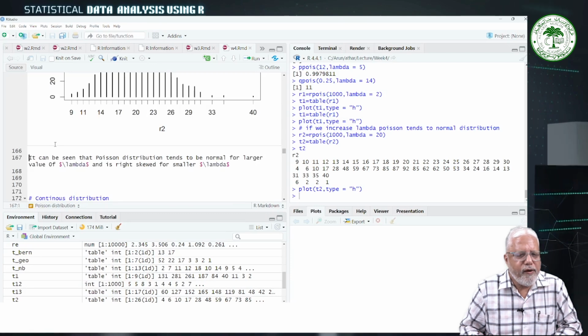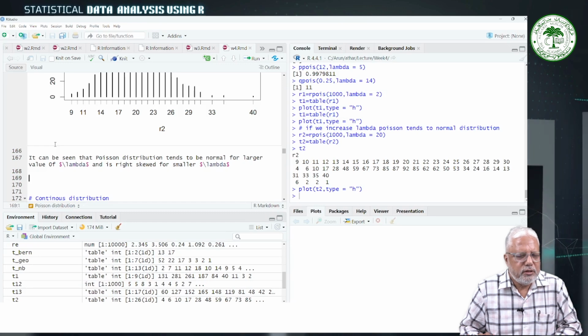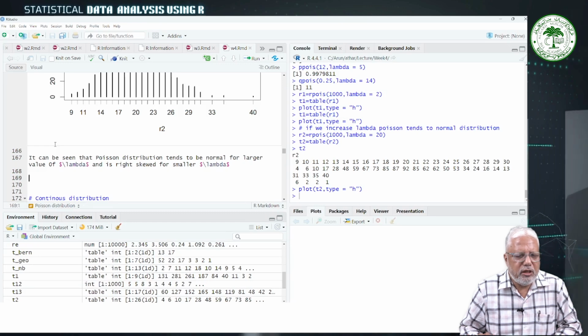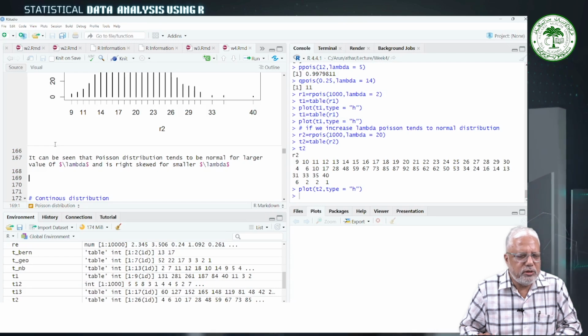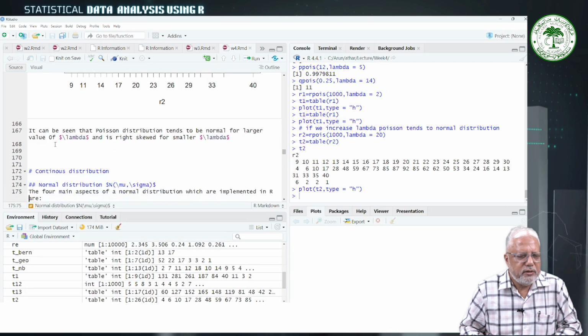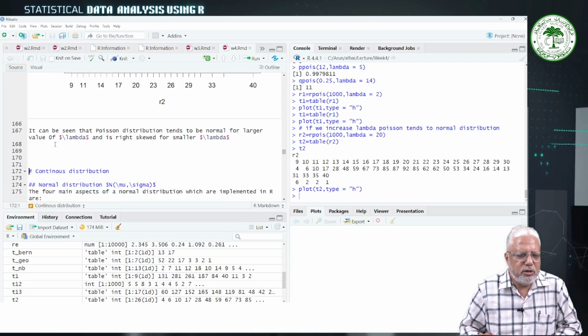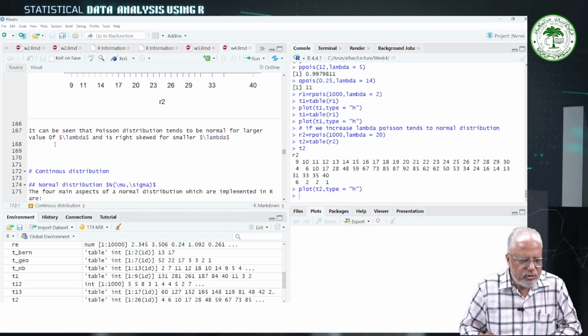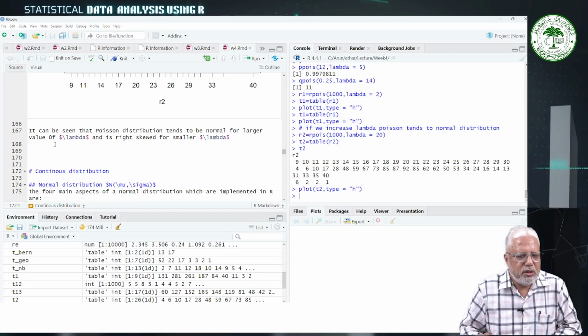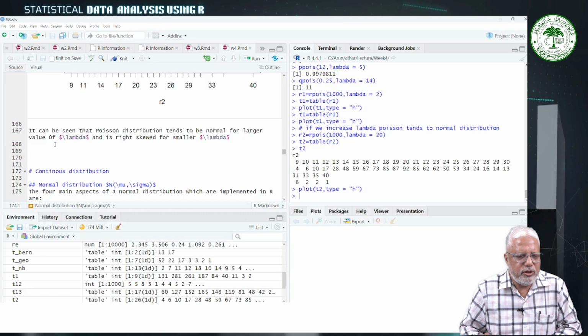So here now I can talk about discrete distributions and continuous distributions. So far we have been talking about discrete distributions. Now we shall talk about the normal distribution.